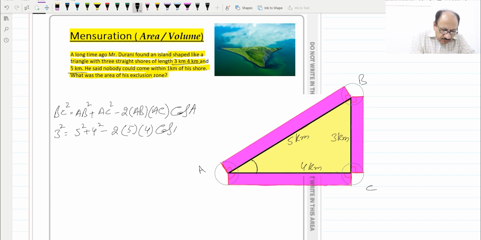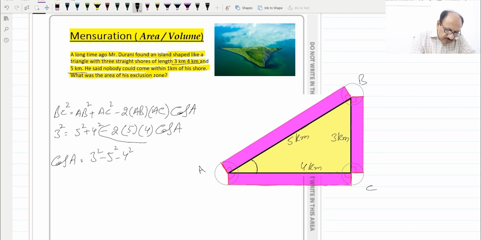and cos of A. Now we have to find the angle A value, so we can rewrite it as cos of A equals 3 squared. Now I will shift this portion to the other side. It will go as subtraction, so it will be minus 5 squared minus 4 squared.